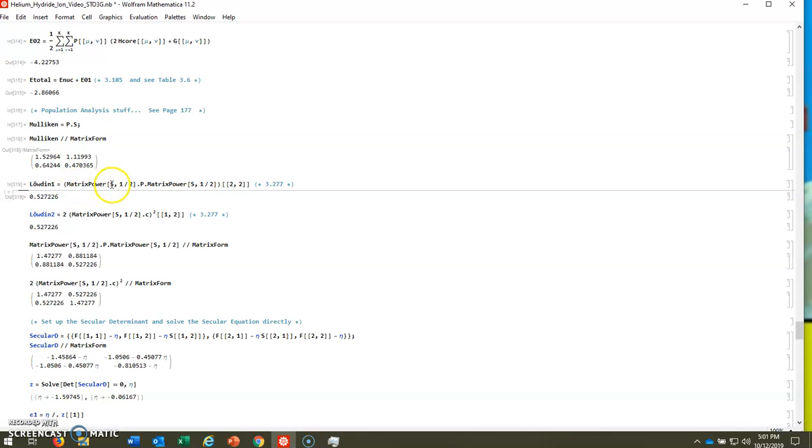So I'm saying raise matrix S to the 1/2 power, or the square root. That's what's called for here. So I do that, and I get, using equation 3.277 in Szabo-Ostlund, the same value they do.